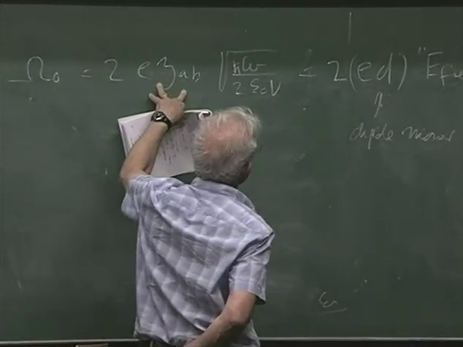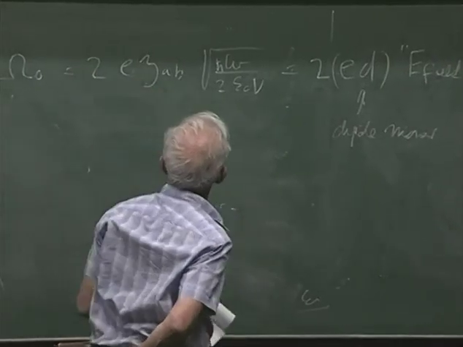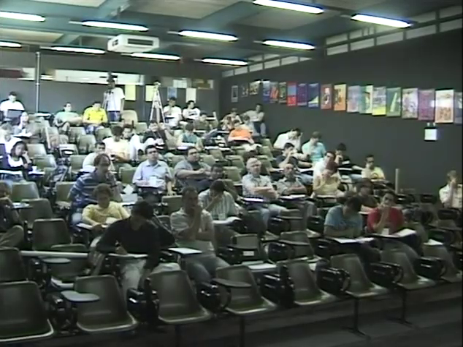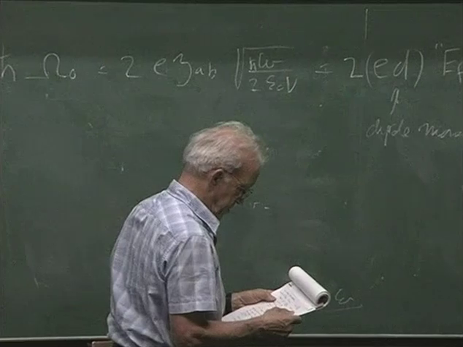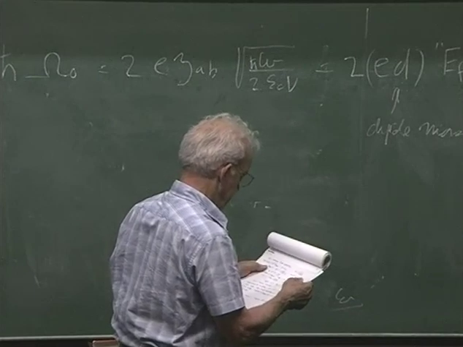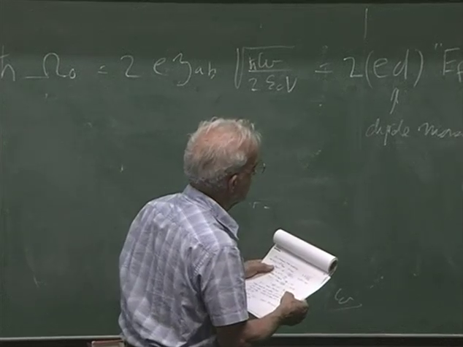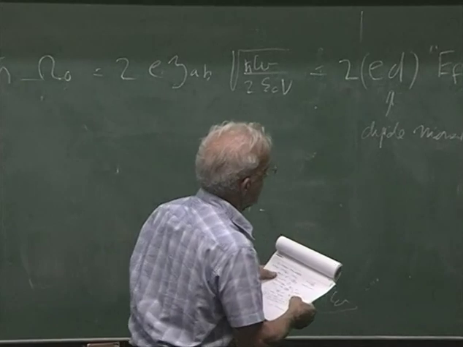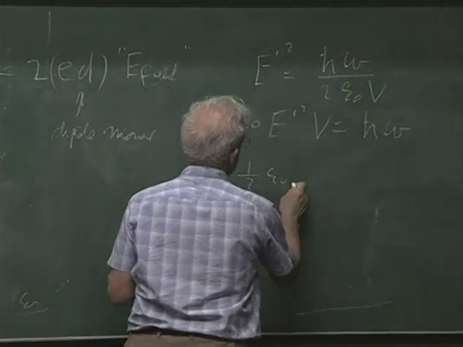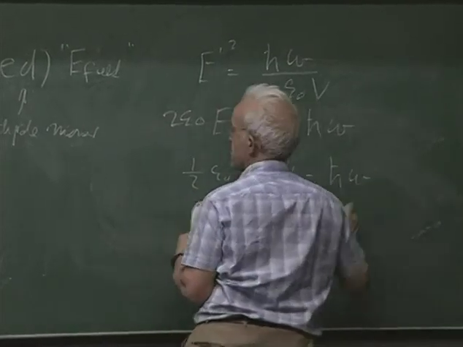The dipole moment times the E prime is equal to... I'm just worried about, I have two factors of 2. This should be 1/2 epsilon naught times E prime squared times V is equal to H bar omega.